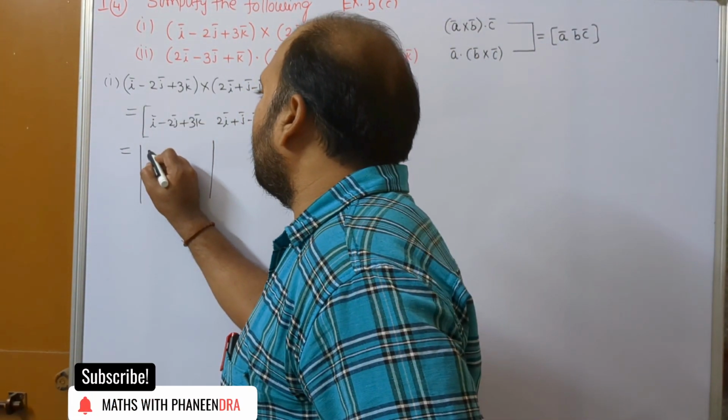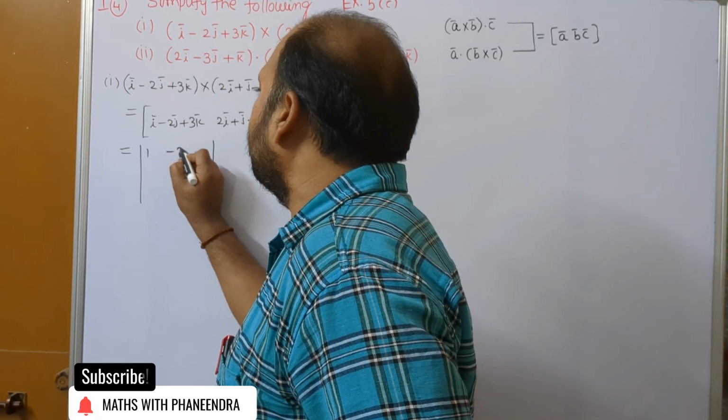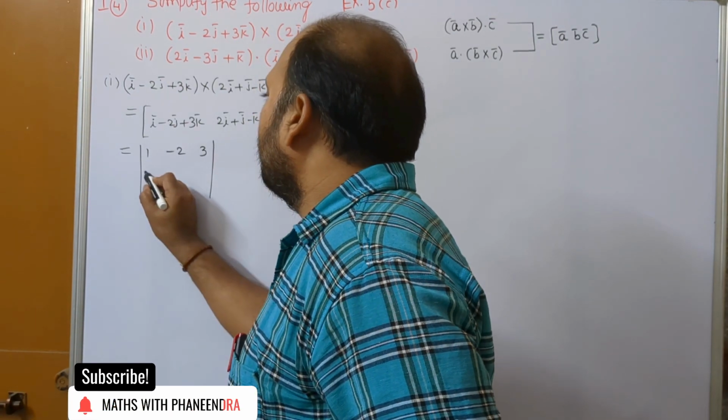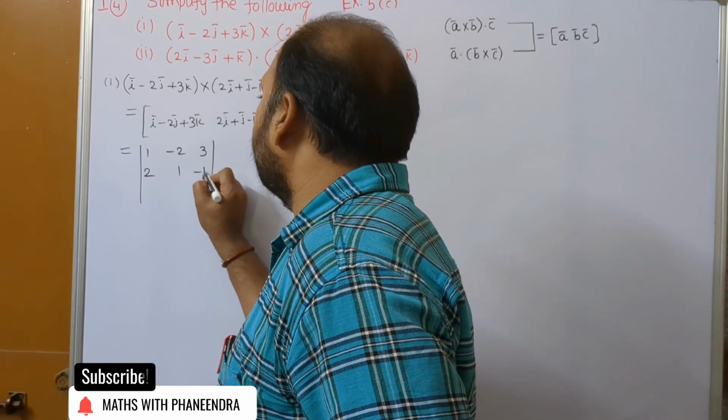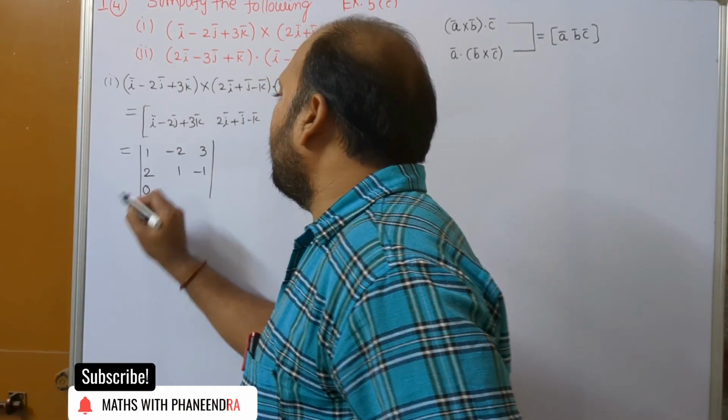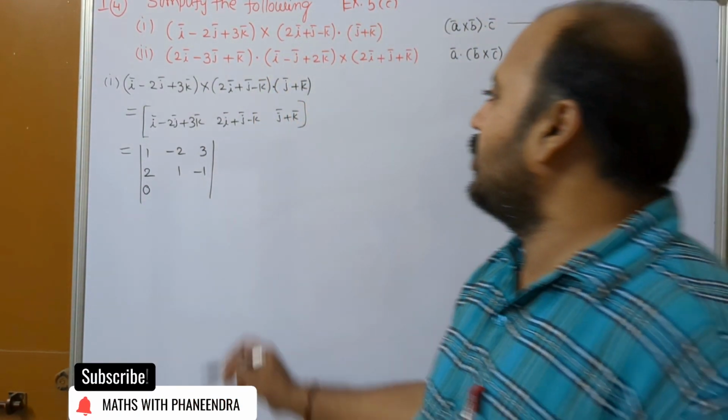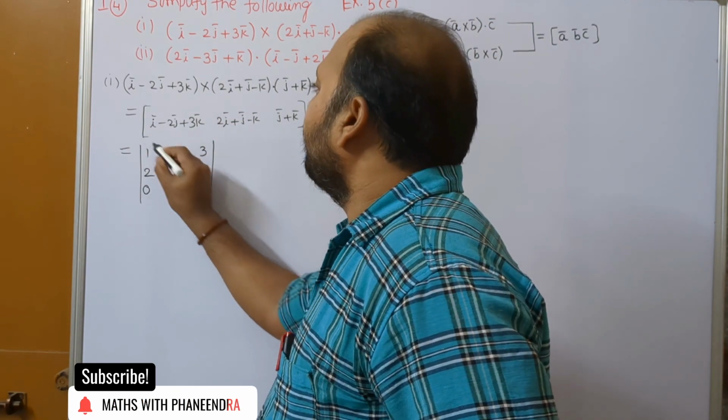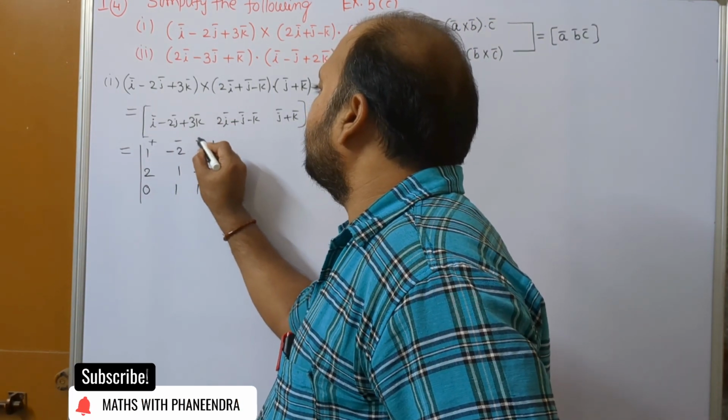So first vector components 1, minus 2, 3; 2, 1, minus 1. In the third vector, i component is not there, so 0, 1, 1. So plus, minus, plus.